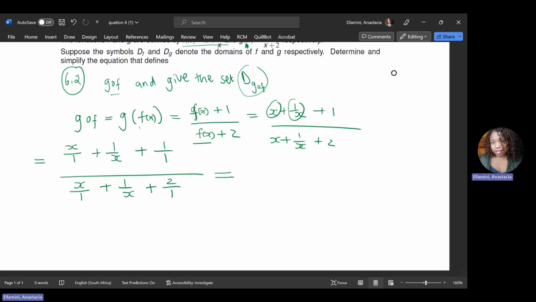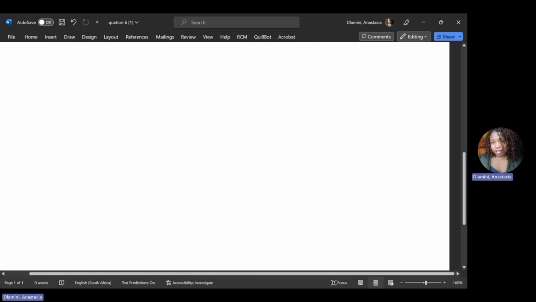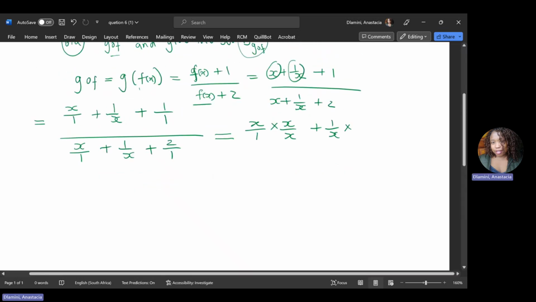We can achieve this by finding a lowest common denominator, multiplying by X over X, so that the denominators in the numerator are the same. So we have X over 1 times X over X, plus 1 over X, which already has an X, so we don't have to multiply by X over X, because we want everything to have the same denominator.